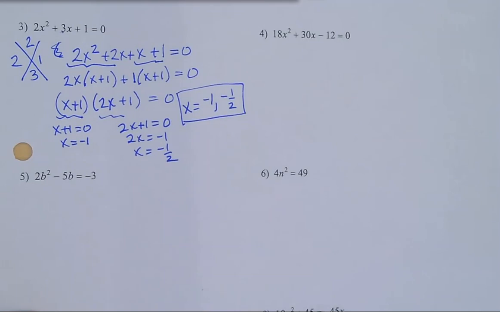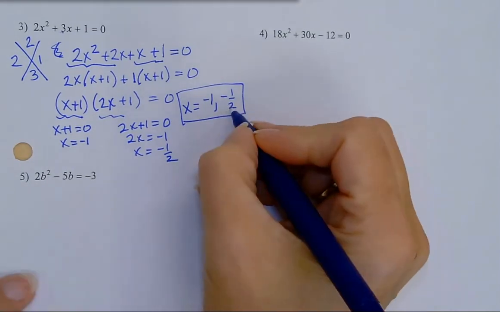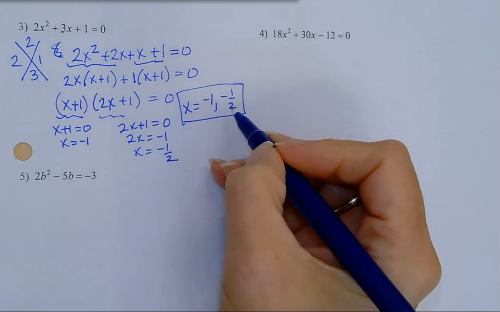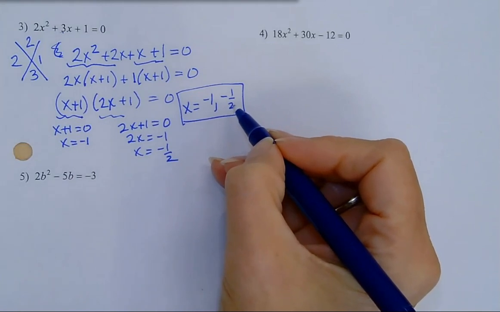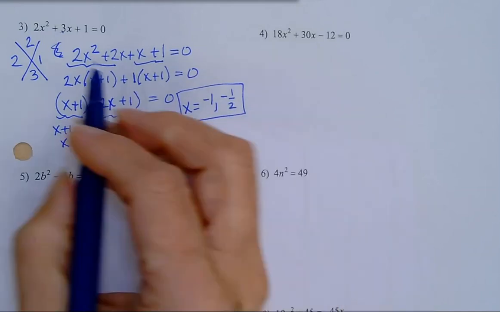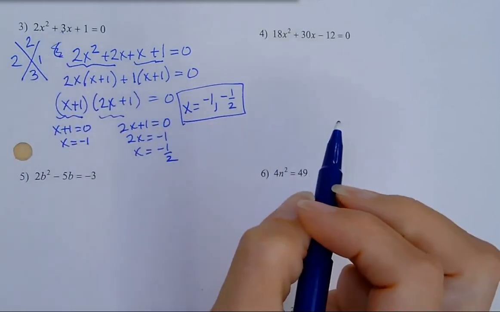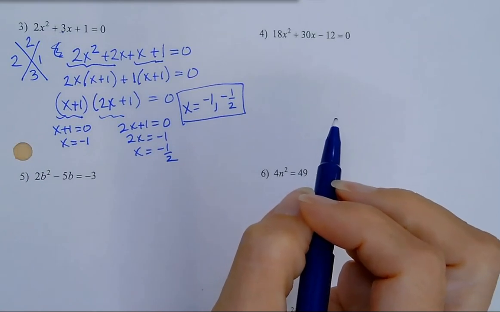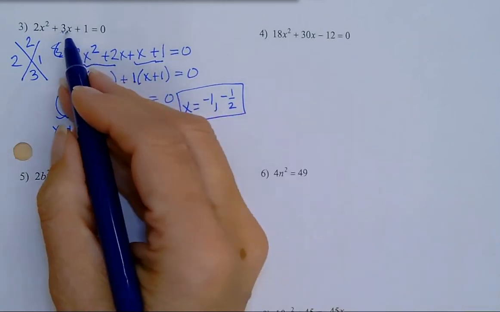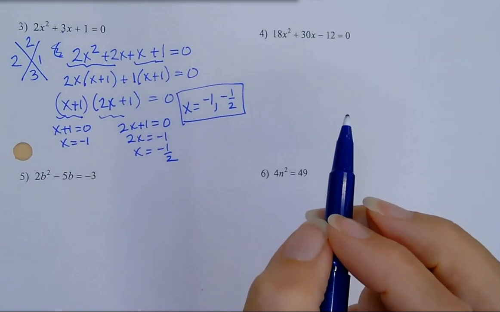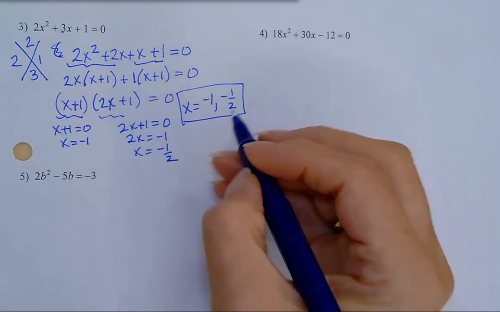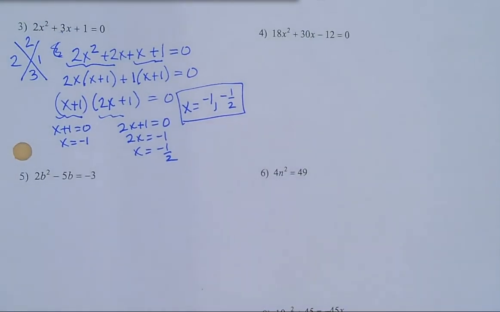Hang on one sec. x squared, negative 1/2 squared, would be positive 1/4, right? So 2 times 1/4 is 1/2. 1/2 plus 3/2 is 4/2. Why is that not working? Because it's 1/2 plus negative 3/2. So negative 2/2 plus 1, that's negative 1 plus 1, that's 0. They do both work. It just took me a second to get there.